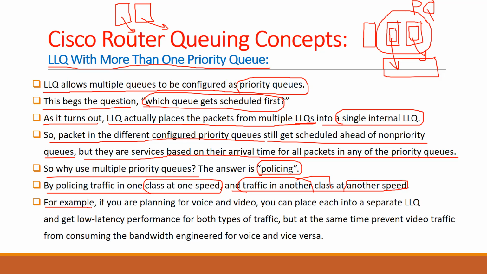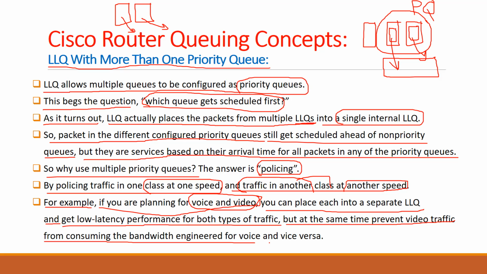For example, if you are planning for voice and video, this will be clear. You can place each one into a separate LLQ, get low latency performance for both types of traffic, but at the same time prevent video traffic from consuming the bandwidth engineered for voice, and vice versa.